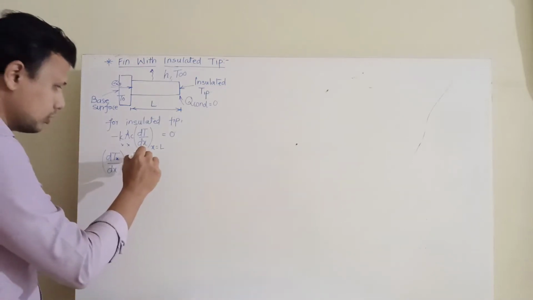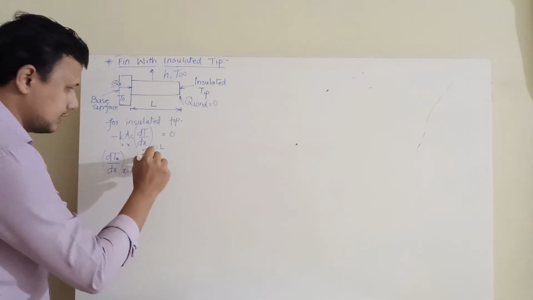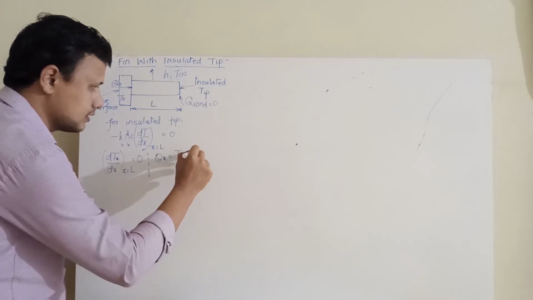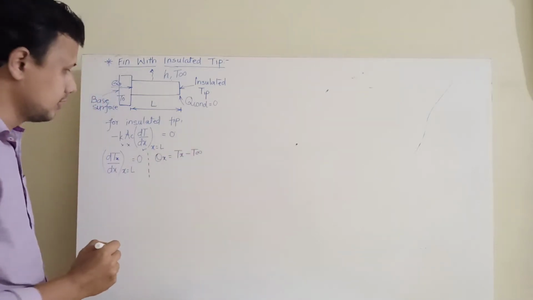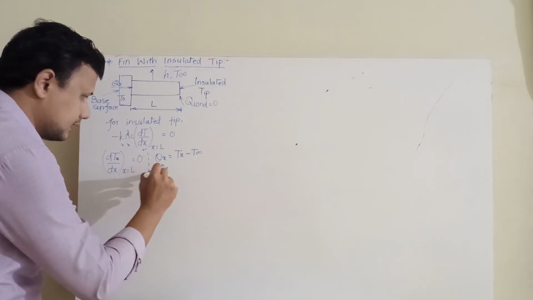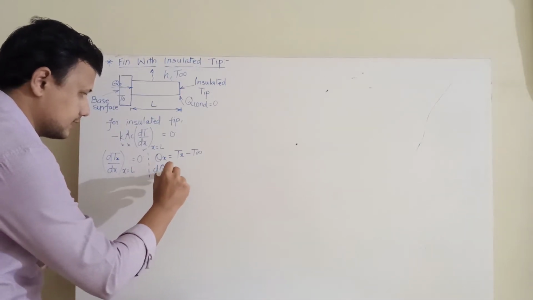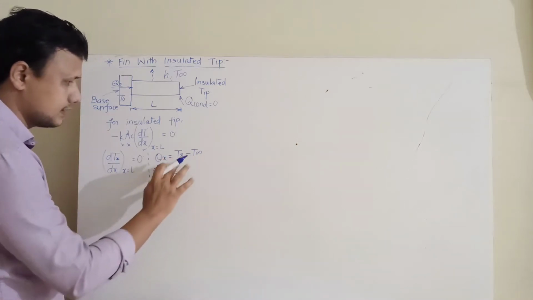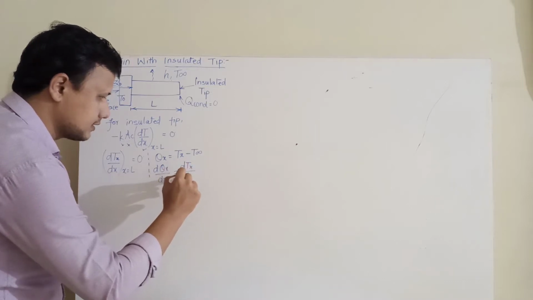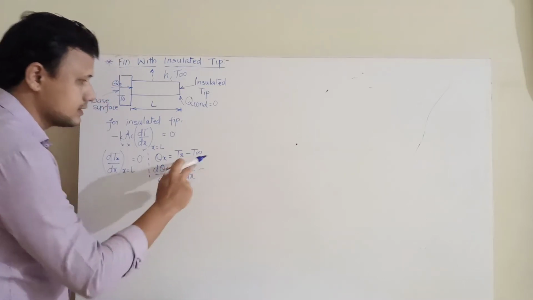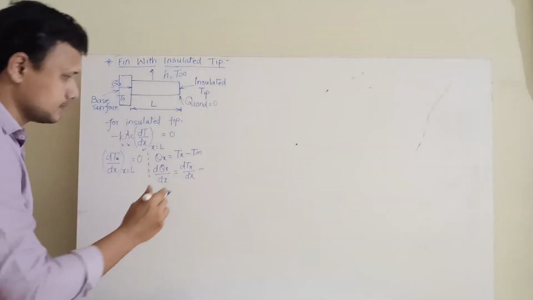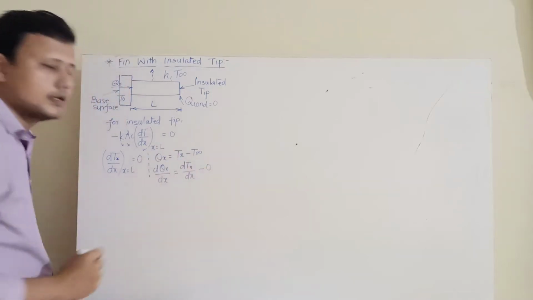We also know that theta_x is equal to T_x minus T infinity. Let us say I differentiate this. What do I get? I get d theta_x/dx on the left hand side. And what about the right hand side? T_x, yes, it can be differentiated, so it will be dT_x/dx minus the derivative of T infinity. T infinity is a constant, the fluid temperature beyond the control of the fin, so its differentiation will be 0.